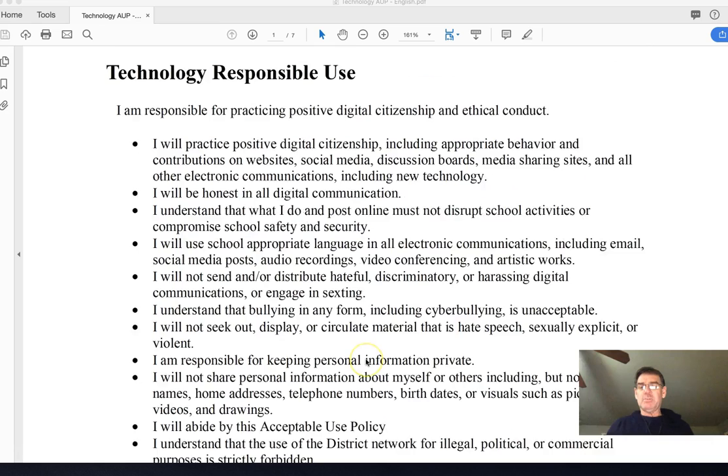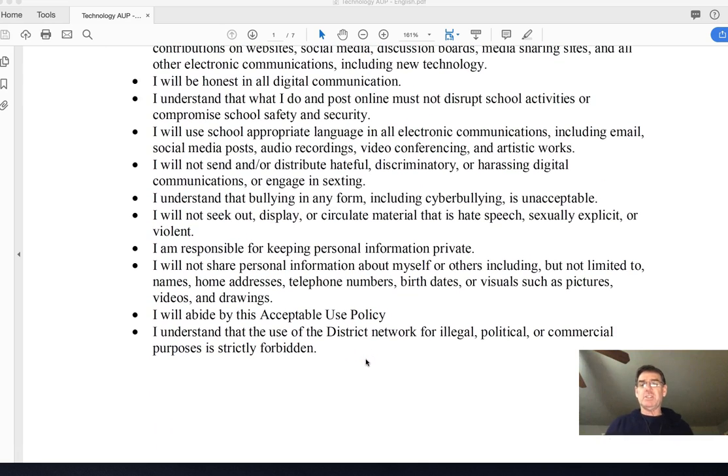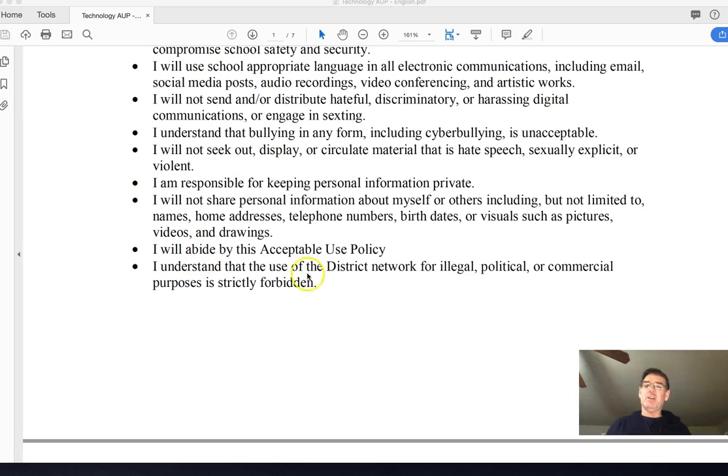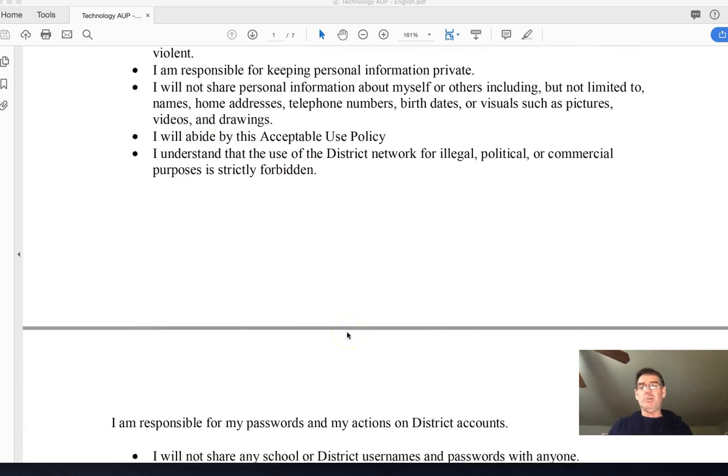So let's make our way through some more of this. And these are just agreements that you see, the understandings that you agree to.